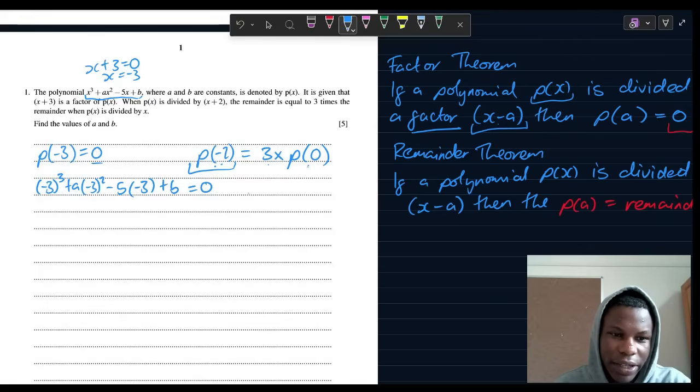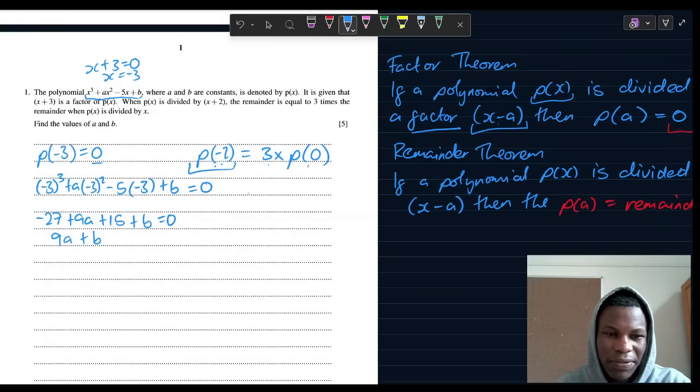So minus 3 cubed gives us minus 27, plus a times minus 3 squared, that's plus 9a, minus 5 times minus 3, that's positive 15, plus b is equal to 0. Okay, and now let's simplify this. That's going to be 9a plus b.